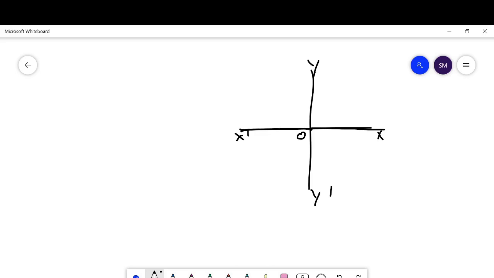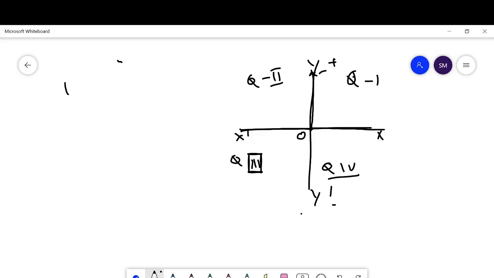Above the origin the y is positive, and below the origin the y is negative. Then there are four quadrants: this is quadrant 1, quadrant 2, quadrant 3, and quadrant 4.